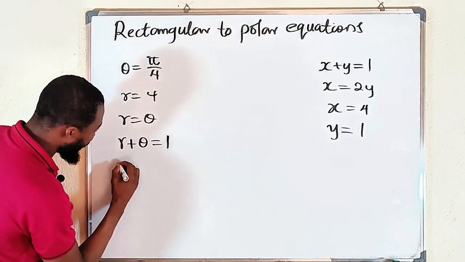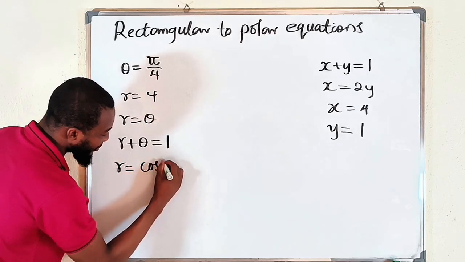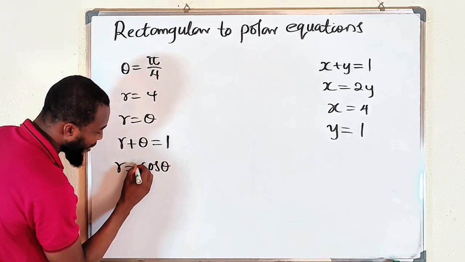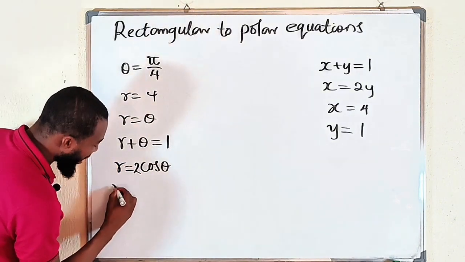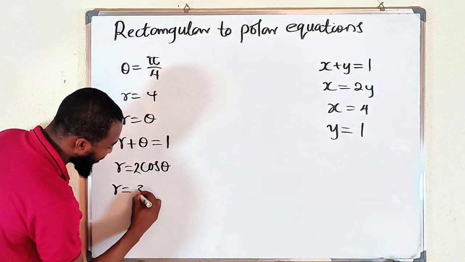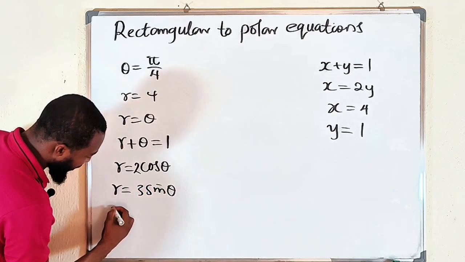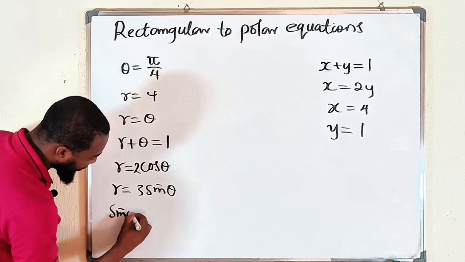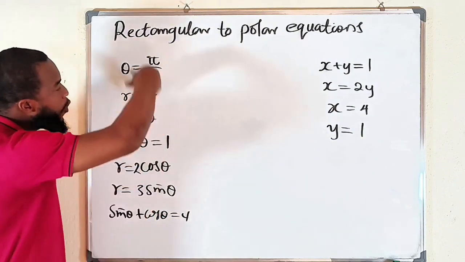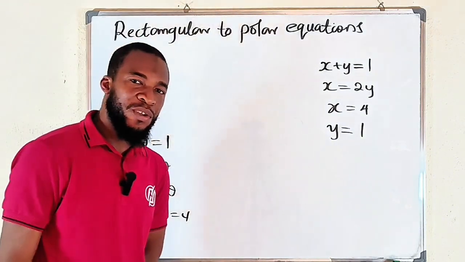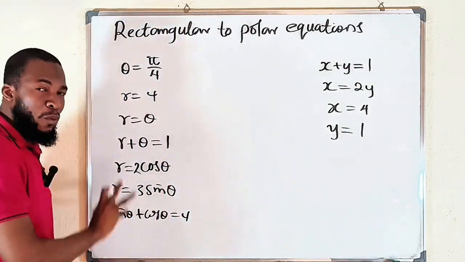You may see an equation like r equal to cos theta, or r equal to 2 cos theta. You may see r equal to 3 sine theta. You may see sine theta plus cos theta equal to 4. All of these are polar equations because they only contain theta, r, or both.